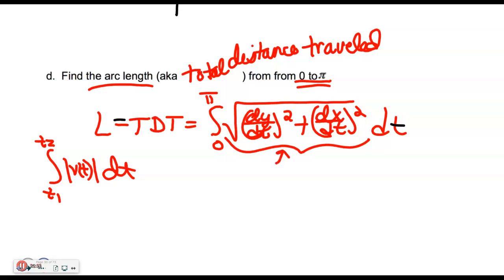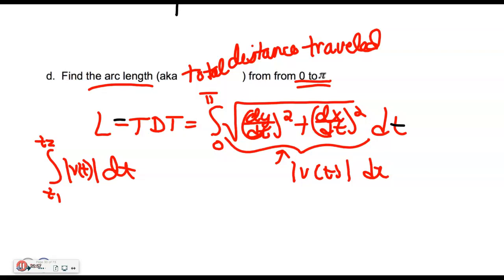This right here is the speed, right? It's the square root of the dx dt squared plus dy dt squared. It is the speed. It's the magnitude of the velocity vector. That's what this is. So you are still integrating the absolute value, because this can't be positive, of your velocity.